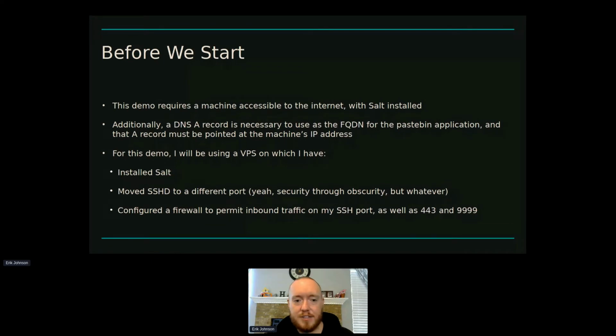And then I set up the software-based firewall on the VPS to permit just those 3 ports: my SSH port, and then the HTTPS port, and then port 9999, which is what the application is going to listen on.